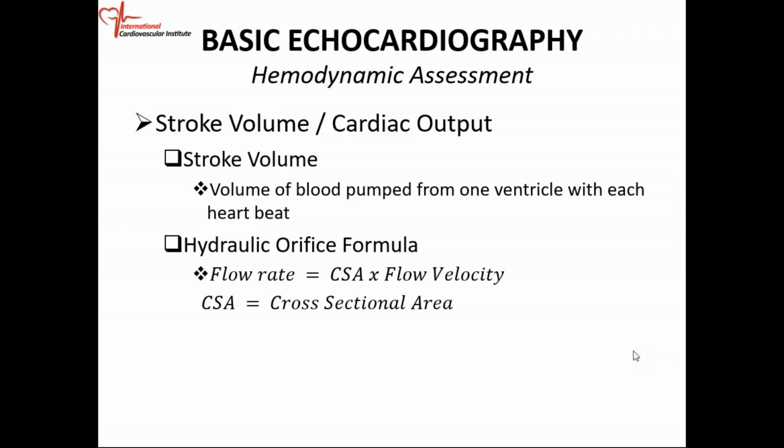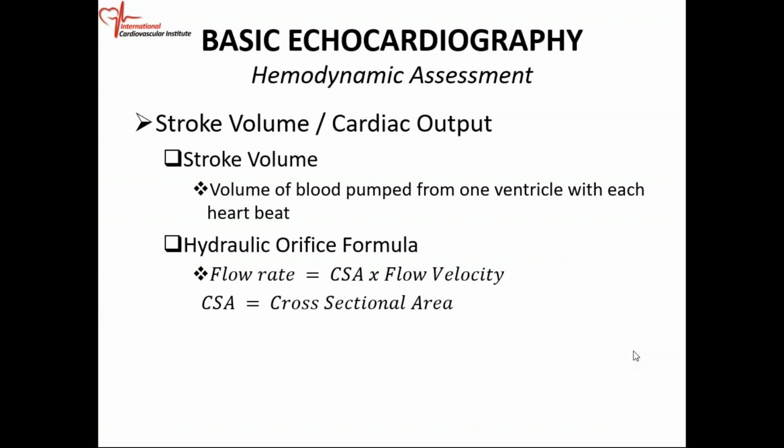And we derived the modified Bernoulli equation as 4v squared. So the gradient across any orifice, across anything, is 4 times the velocity squared, and the velocity across whatever gradient you're looking at. So you get the velocity, you square the velocity, multiplied by 4.